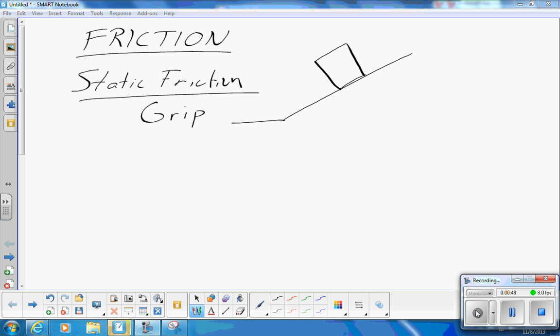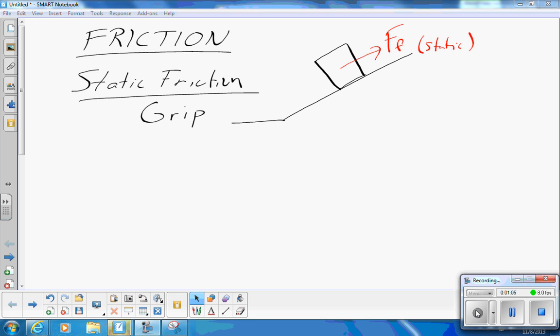And we actually have a static friction force upward, and that is preventing the box from slipping.